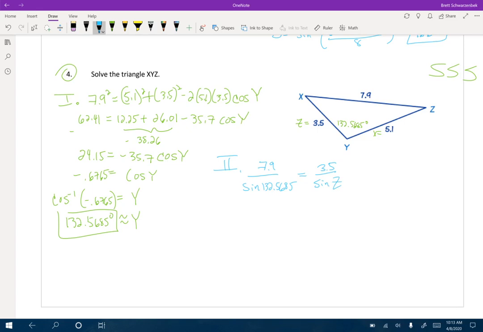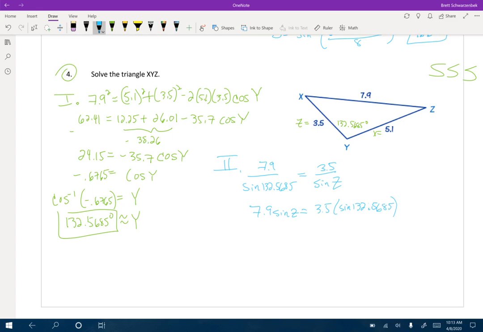We do a little bit of work here, so we're going to get 7.9 times the sine of Z is equal to 3.5 times the sine of 132.5685, right?